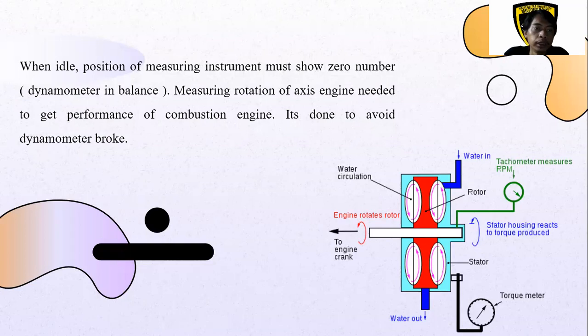When idle, the position of the measuring instrument must show zero. The dynamometer is in balance. Measuring rotation of the engine axis is needed to get the performance of the combustion engine and is done to avoid the dynamometer breaking. And this is a picture of the dynamometer. And the part is water circulation.